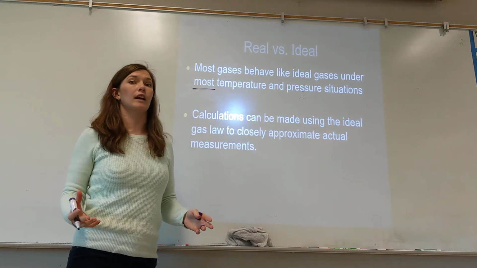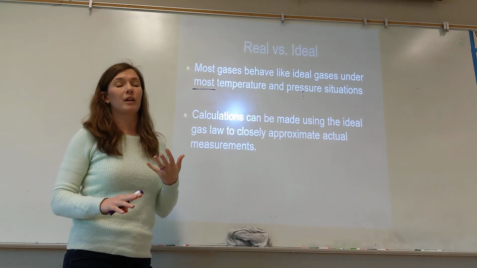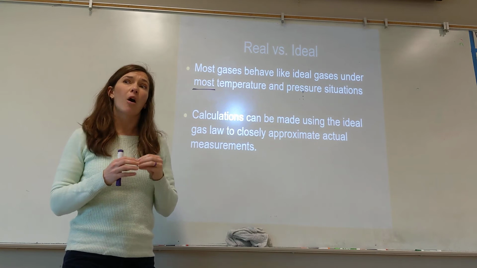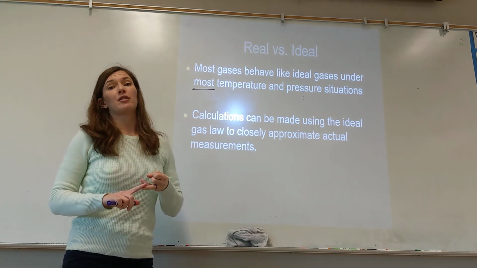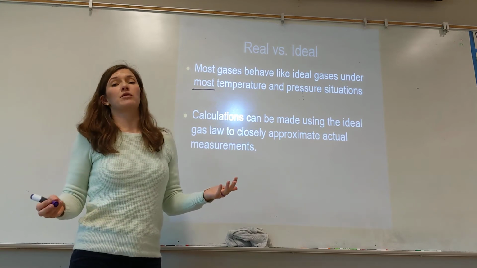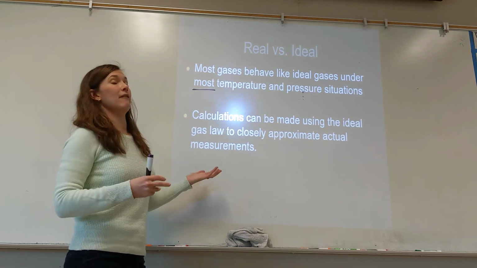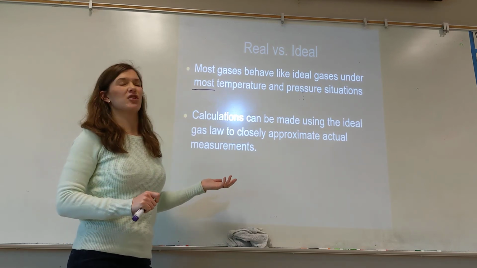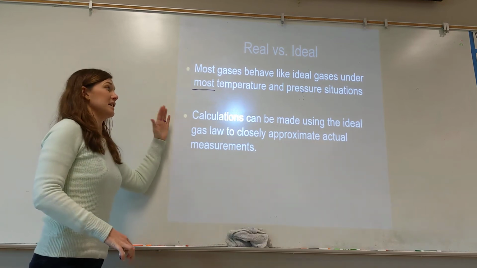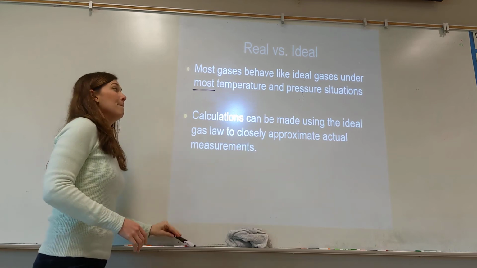They're not going to have very many intermolecular interactions. They are so small that we can make approximations as if they took up no space, and under normal situations of temperature and pressure, they behave as the gas laws say that they should. And so we can make calculations using the ideal gas law and make closely approximated measurements.